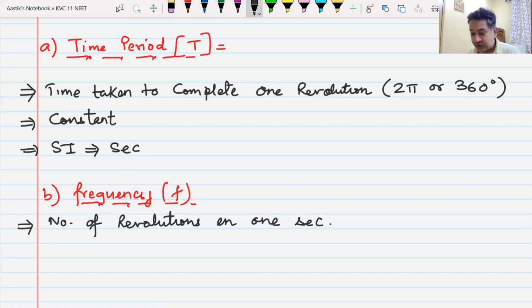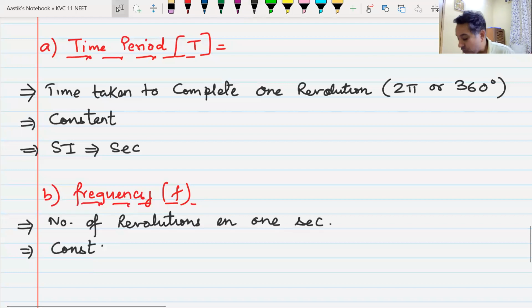For a uniform circular motion, the frequency is also constant. Then we have a relation that relates time period, omega, and F. What is that relation?